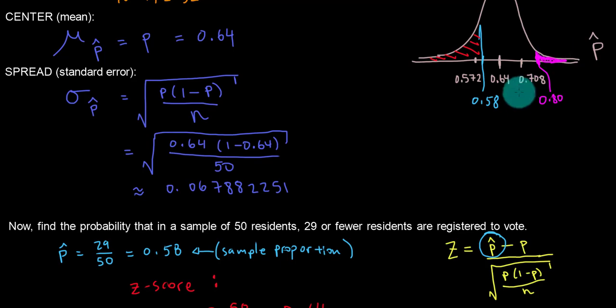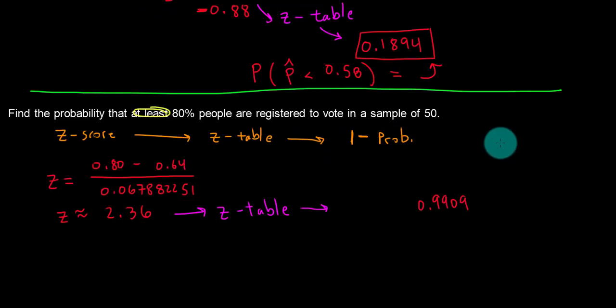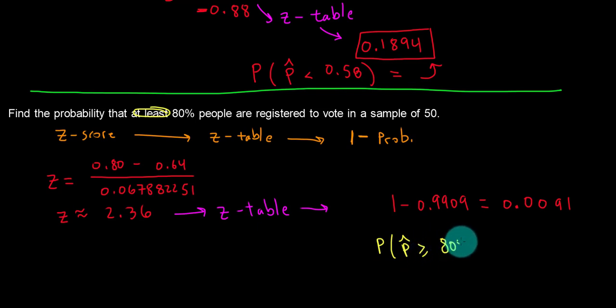It looks like a very small area. So we need to do 1 minus 0.9909 to get a very small probability, 0.0091. In the probability notation, I would write this as the probability that the proportion of registered voters is at least 80% is 0.0091.